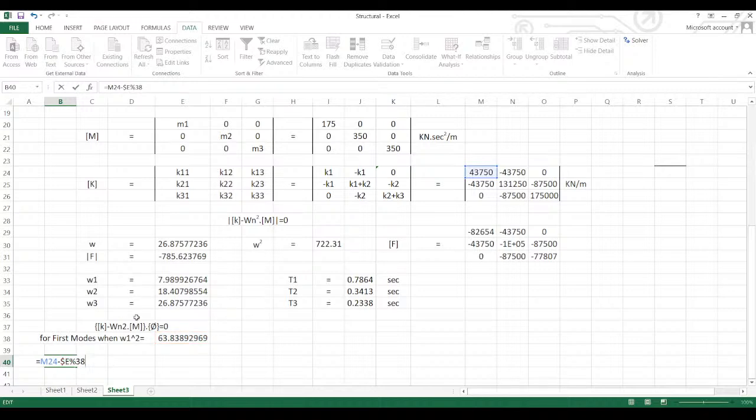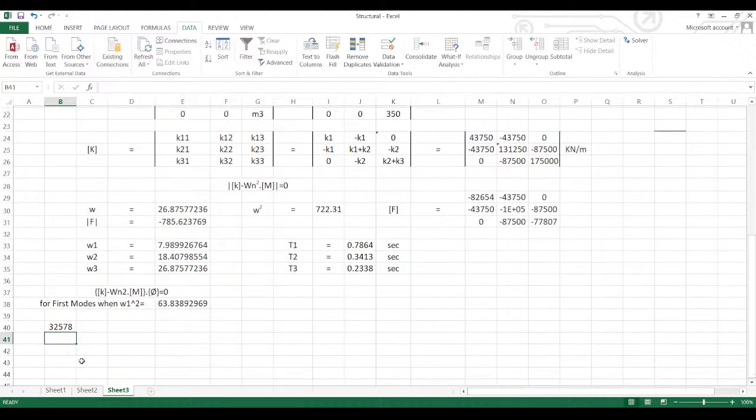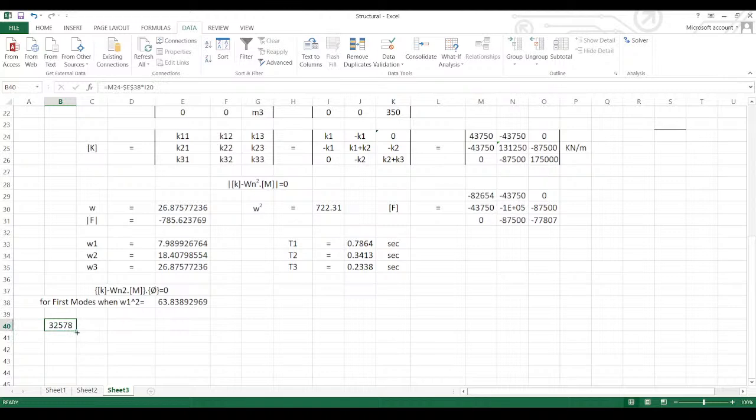Q1 into M, that is the, put the dollar sign into M1 is equal to this.